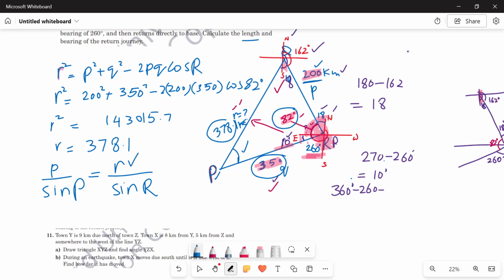R, we know the value of small r. What is the angle of R? R is 82. Capital R angle is 82. We know that. And P side, we know it is 200. But P angle we have to find. Okay, so three quantities are given and one is missing. So now we can apply the rule here.